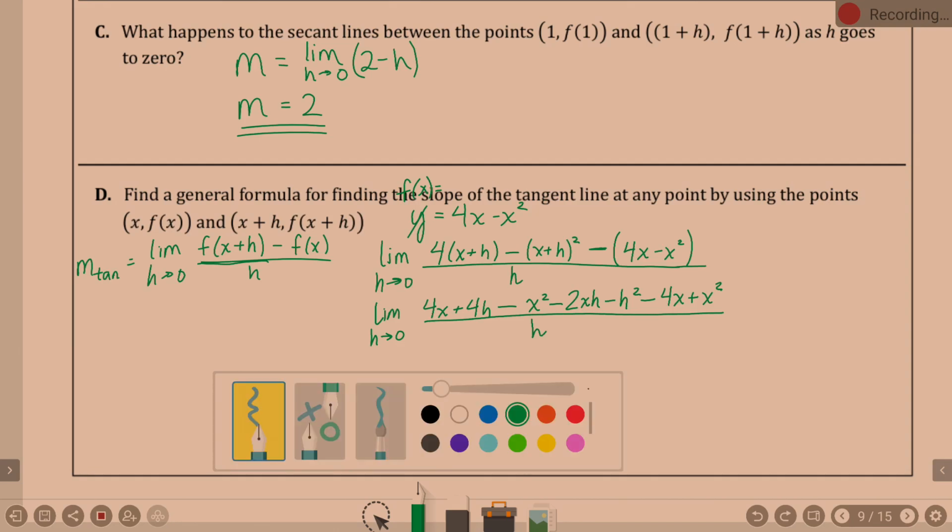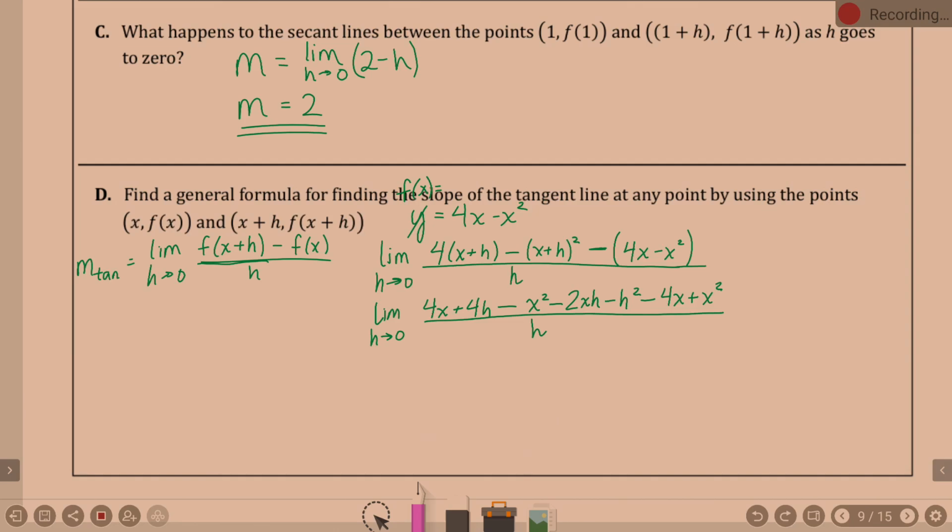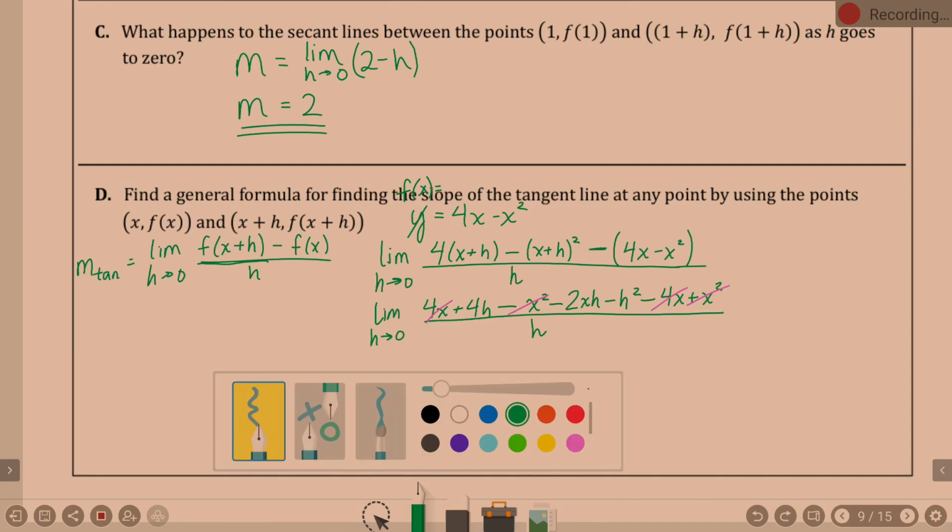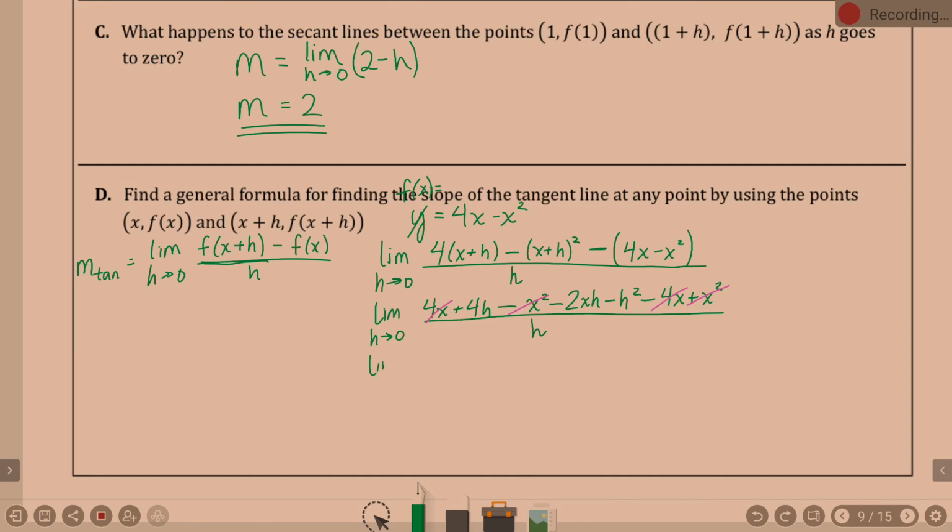Okay, numerator. Four x's cancel and x squareds cancel. So I have the limit as h approaches 0 of 4h minus 2xh minus h squared all over h.